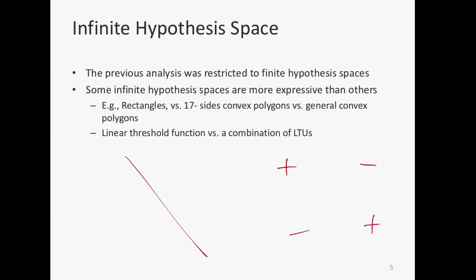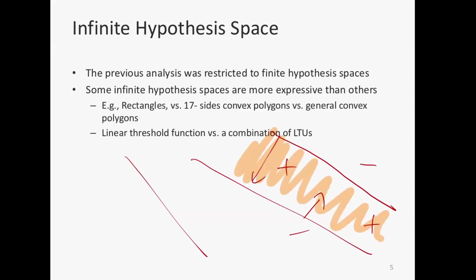But if I'm allowed a combination of lines, what if I draw a line here and say this side is positive, and I draw another line here and say this side is positive, and my final output is I want both of those decisions to be positive. If that's the case, I'm really looking at this region here, and I've managed to capture only the pluses. So a single line cannot capture an XOR, but a combination of lines can.